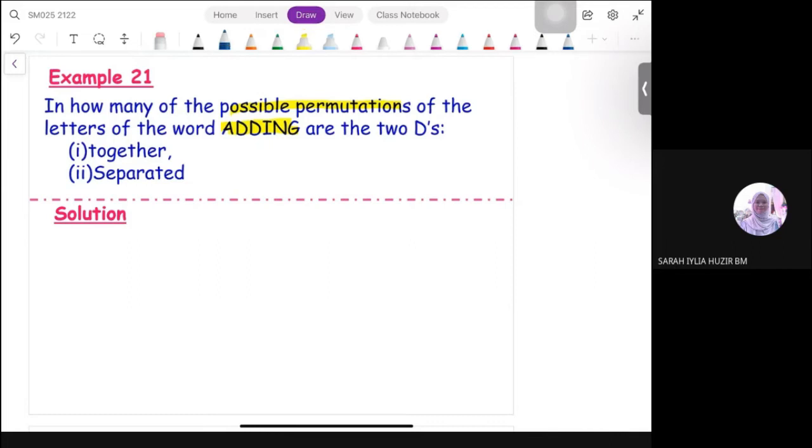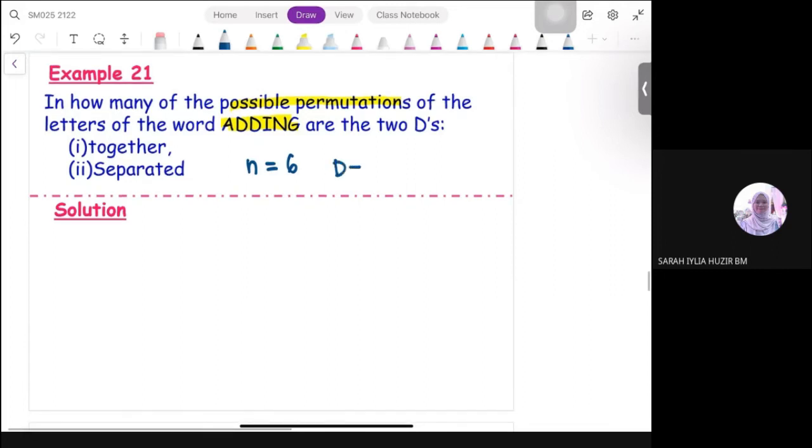All together in this case we would have 6 letters, but then D occurs twice. Be careful there. So for the first case, we have to arrange so that the 2 Ds are together.